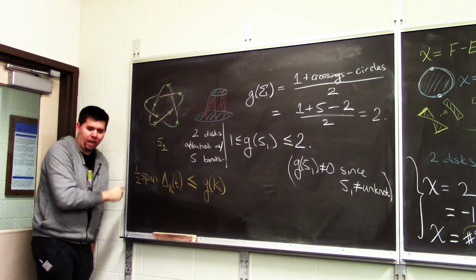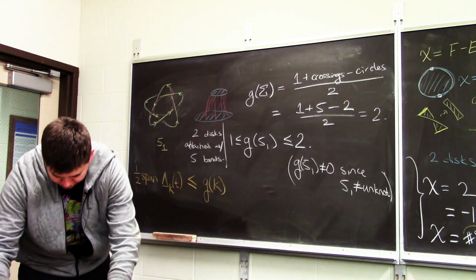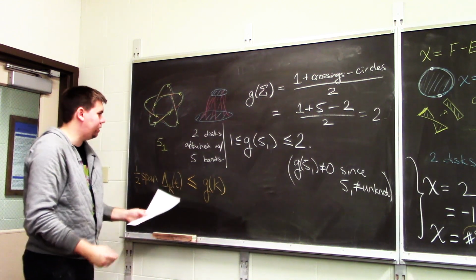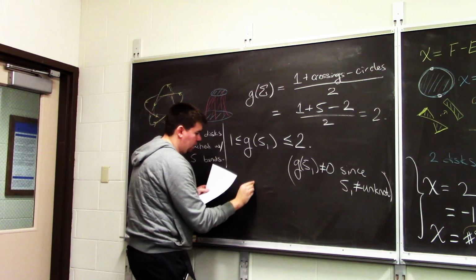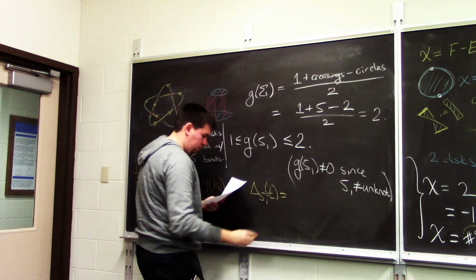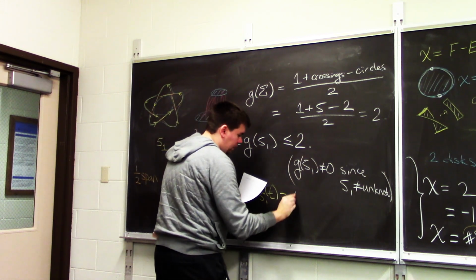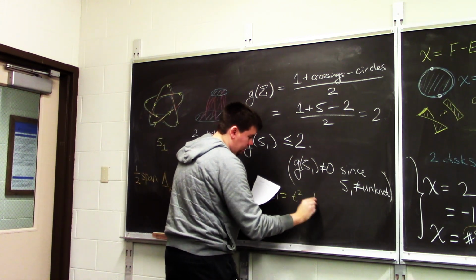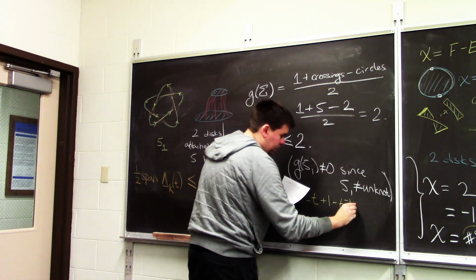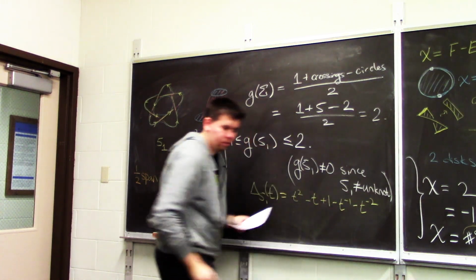What do I mean by span of the Alexander polynomial? Well, let's just do it with this example. For 5_1, I looked it up. We can calculate this from our last lecture. We know how to calculate this. The Alexander polynomial for the knot 5_1 would come out to be something like t squared minus t plus 1 minus t to the minus 1 minus t to the minus 2.